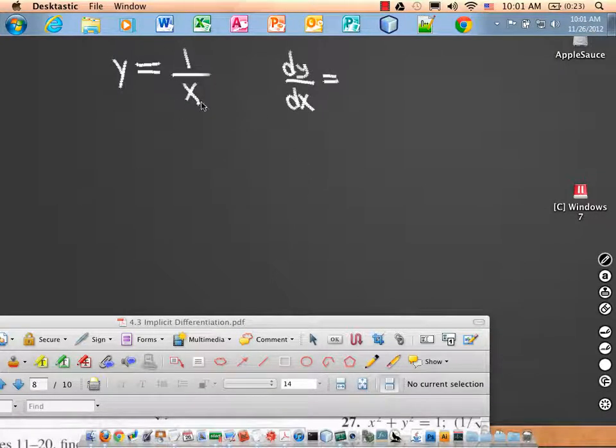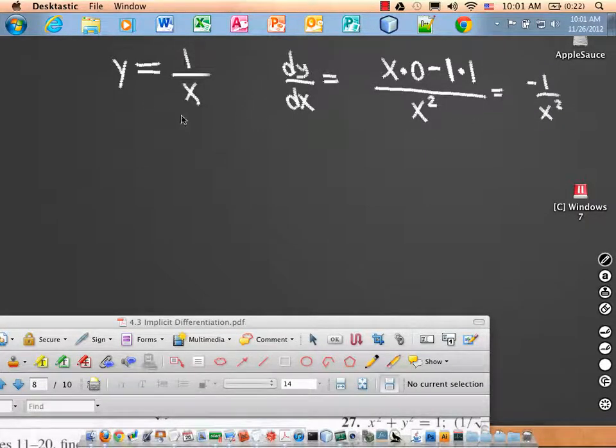What rule do we have to use here? Quotient rule. Low d high minus high d low all over low low. What do I end up with here? Negative 1 over x squared, and that's the derivative, right?